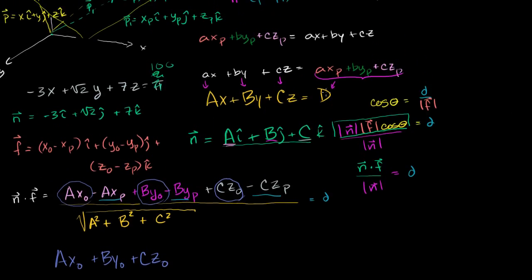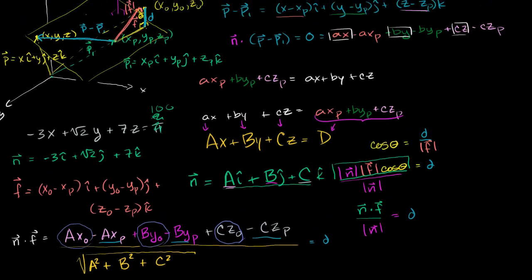Well, if you remember, d in the equation of a plane, when we started in the last video, when we tried to figure out what the normal to a plane is, d is, if this point xp sits on the plane, a xp plus b yp plus c zp. Or another way you could say it is negative d.